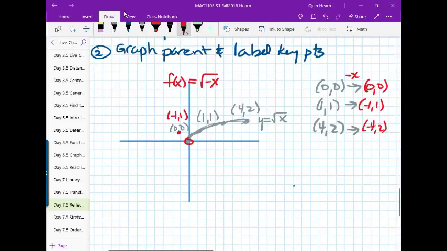And we're going to plot (-4, 2). And so what's happening here is every single point along this whole curve is flipping over the y-axis this time. So we're going to get a reflection over the y-axis. It looks like a mirror image, but going to the left.